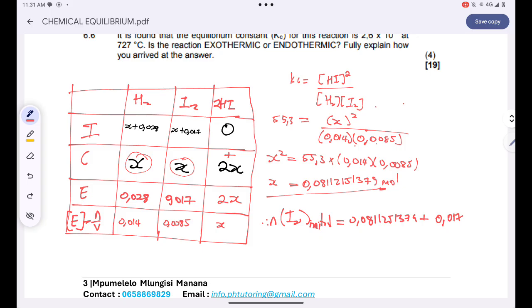And this will give me an answer of 0.098 moles. Let me round off to 4 decimals, guys: 0.0981 moles.